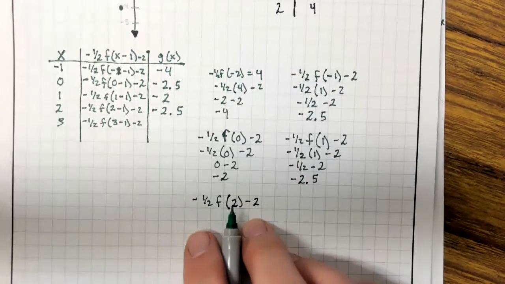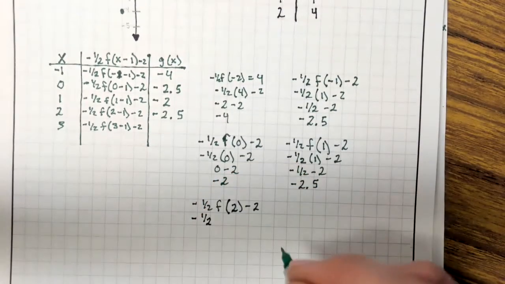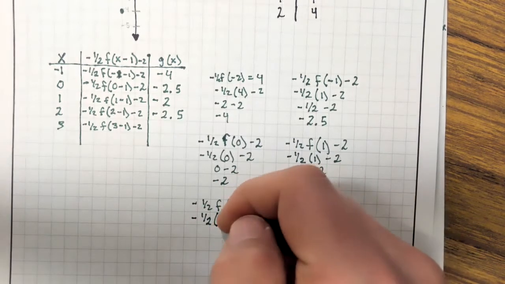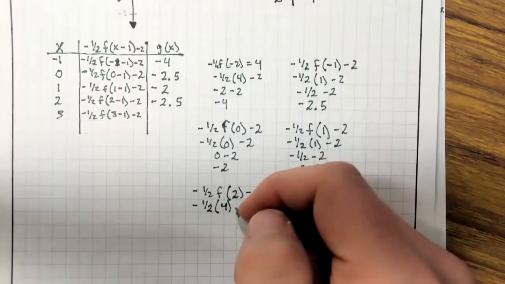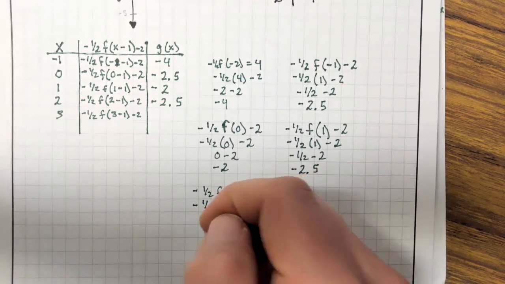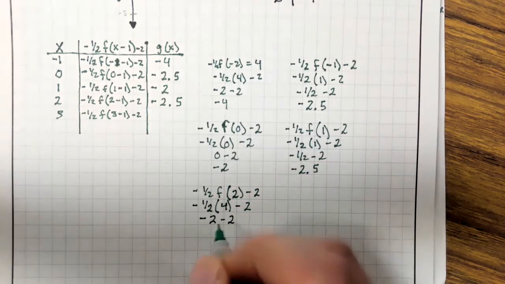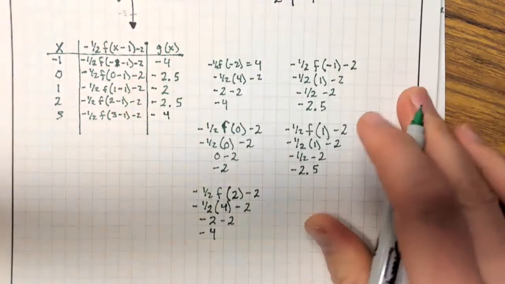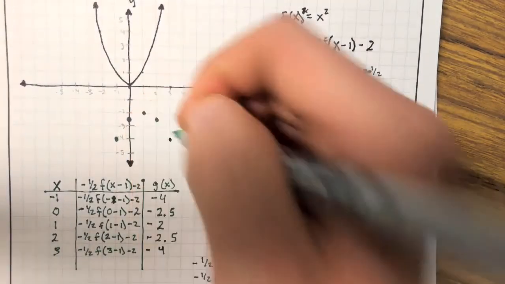Well, what was f of 2 originally? Before we started transforming the function, f of +2 actually spit out a +4, which you can get from the original table up there. And I still have to subtract 2 when I'm done. So -1/2 times 4 is -2. -2 minus 2 gives me -4. So for this last point, I have to go over 3 units and down 4 units.